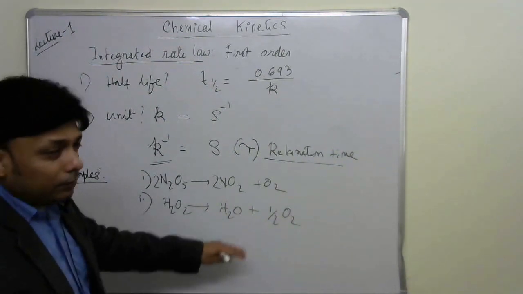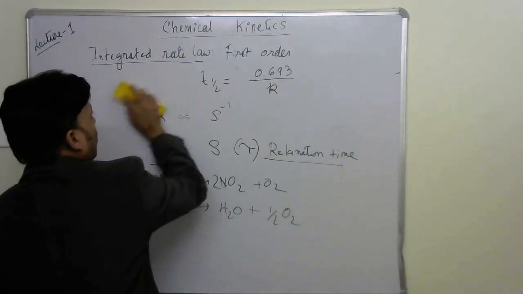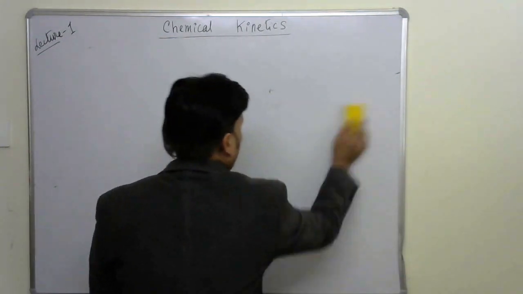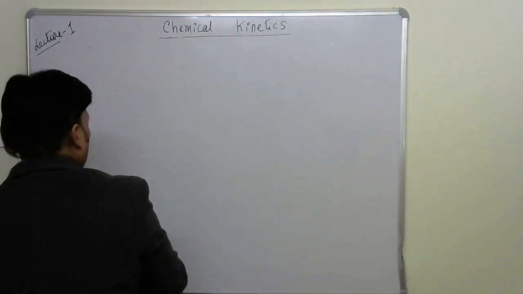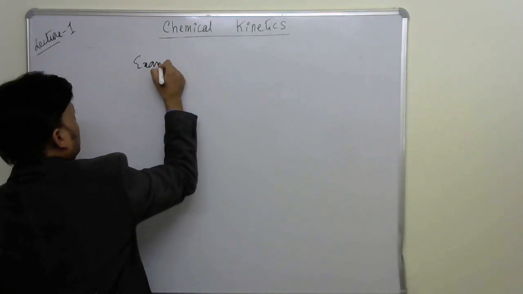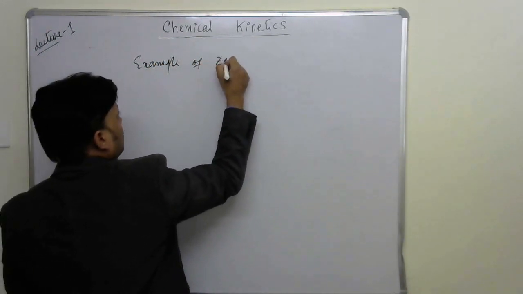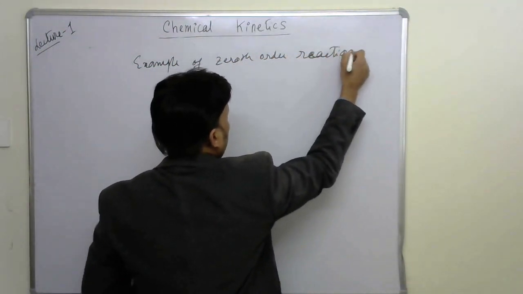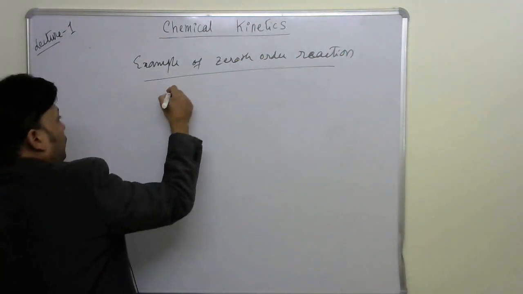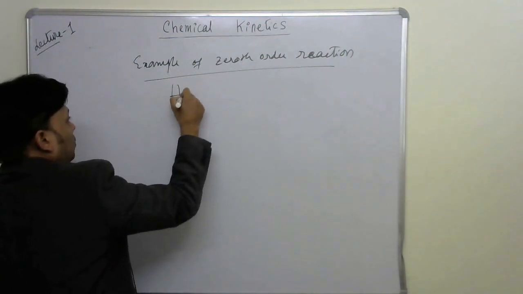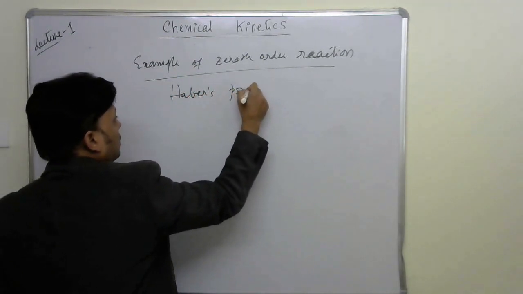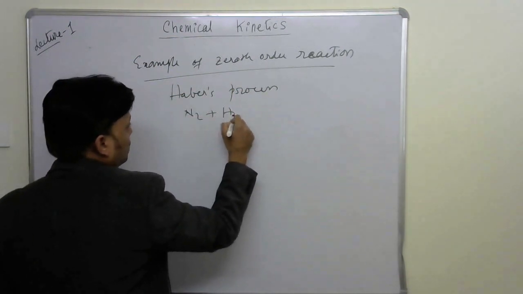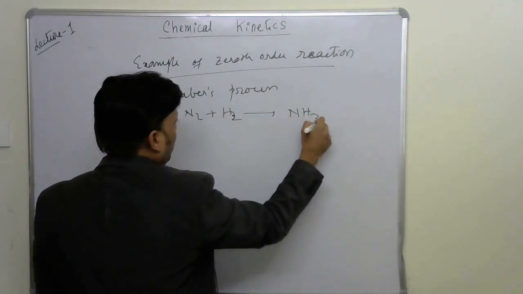And I think I forgot to write the examples of the zeroth order reaction. So here we go. The example of the zeroth order reaction is this. This is called the reverse Haber's process. You know the Haber's process is where we form ammonia, from N2 and H2.